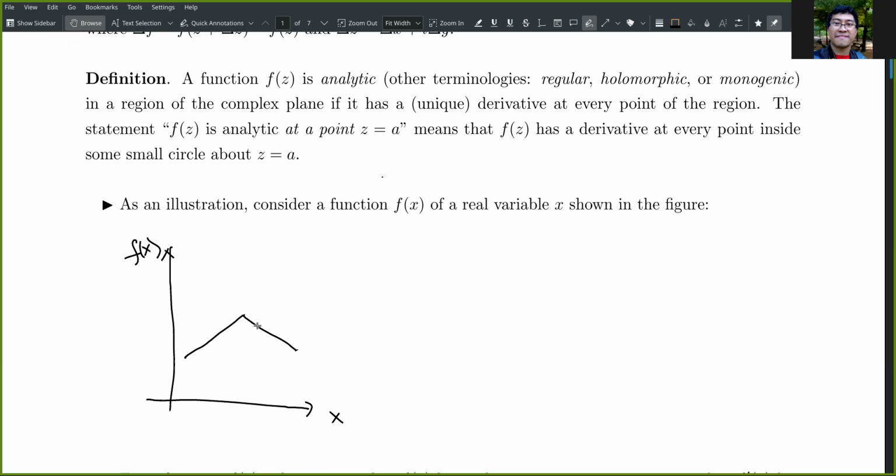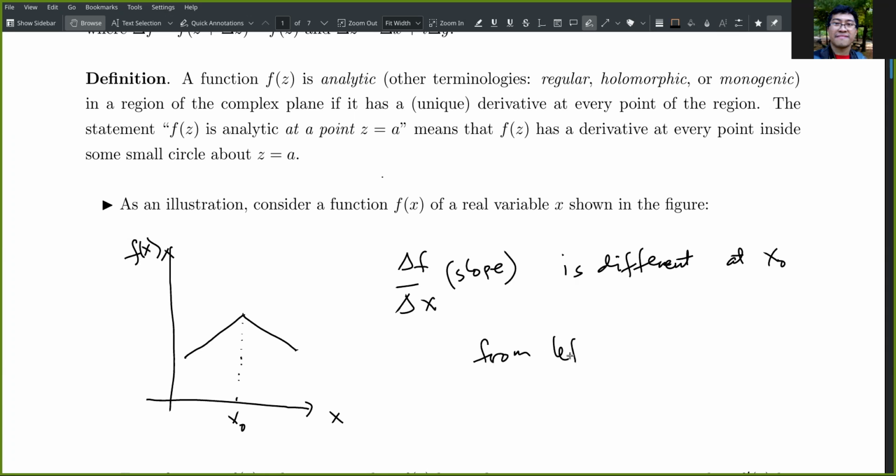Its slope changes discontinuously at a point. Let's call this x sub 0. So here delta f over delta x, which is the slope, is different at x naught if we go from left or from right.